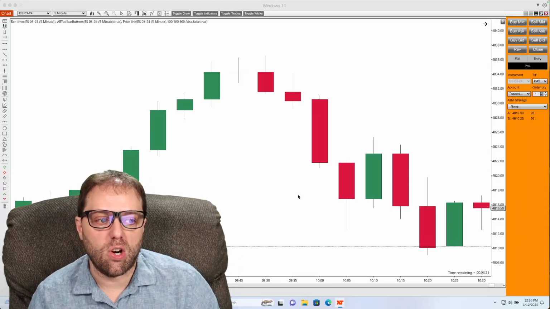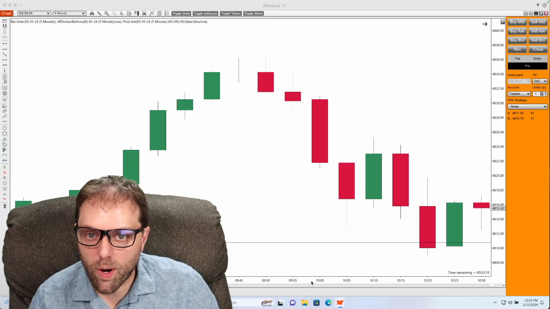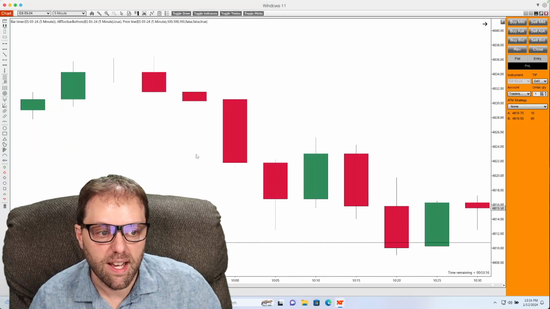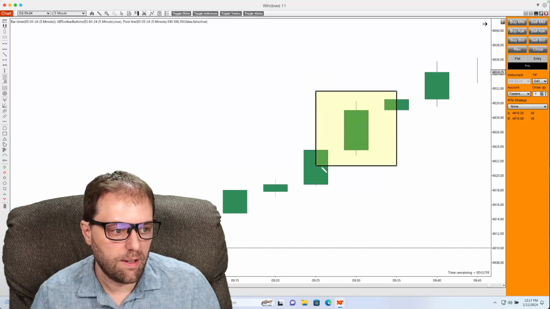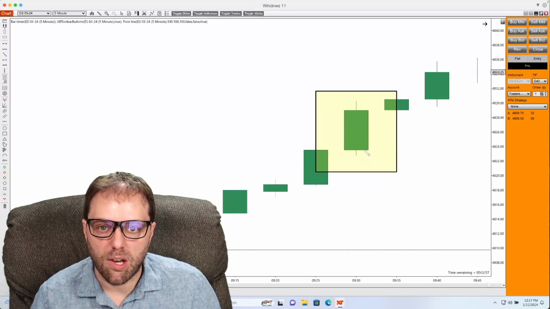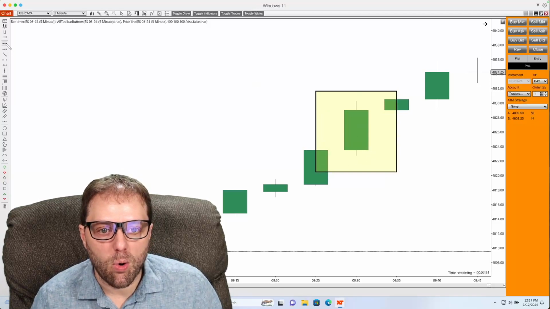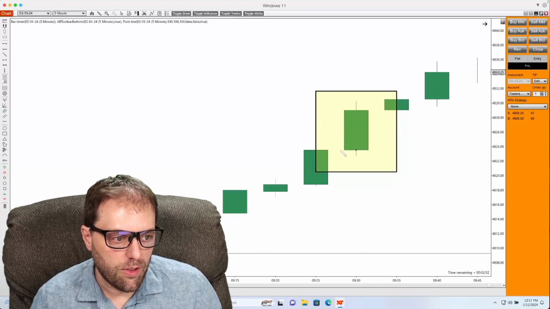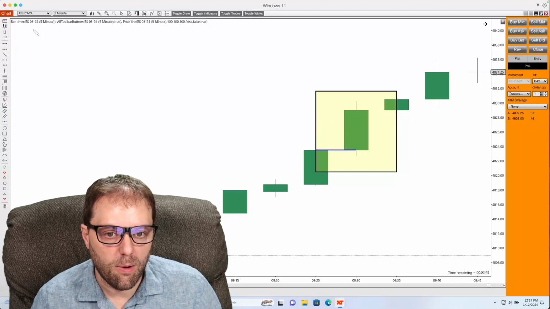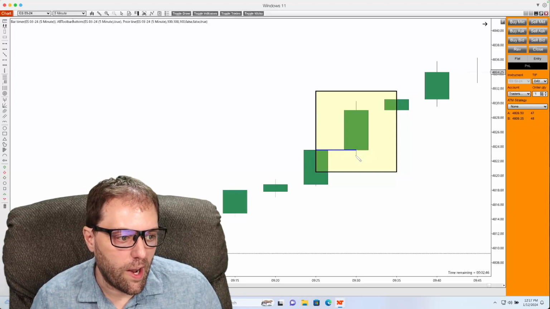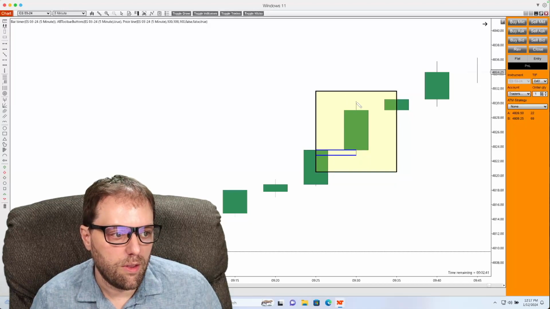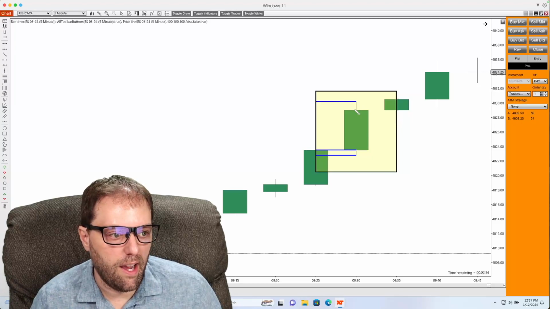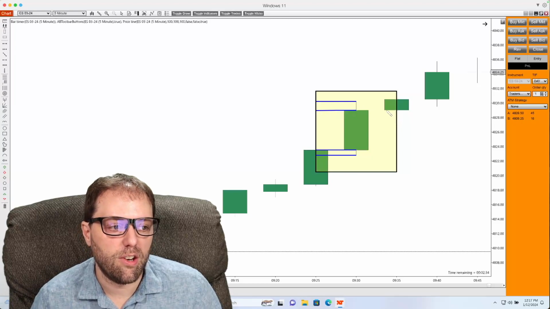So looking at this chart, let's pull up some examples really quick before we start looking at formations. Right here on the chart, we have a candle that I will select. As you can see, it is colored green. There's 4 components, as I mentioned earlier: the open price, which is listed right there, the low price, which is down here below, the high price, which is up at the very top, and the close of the candle.